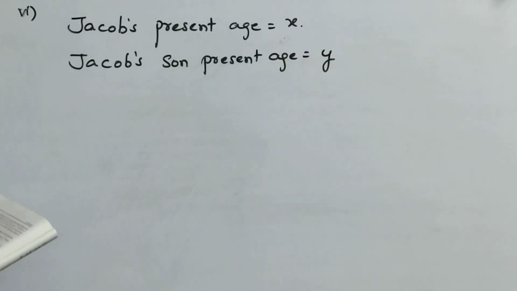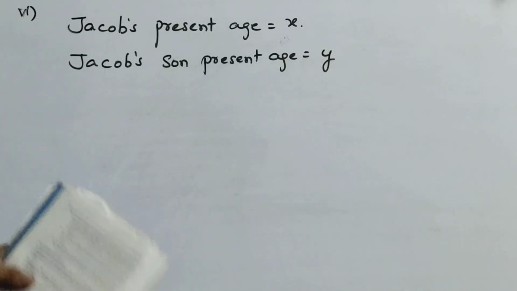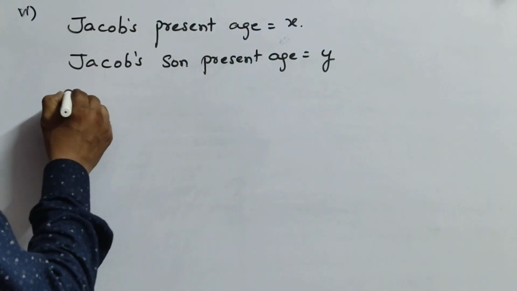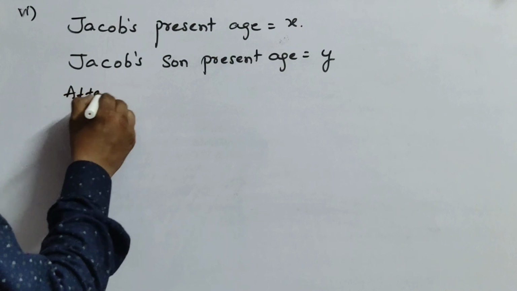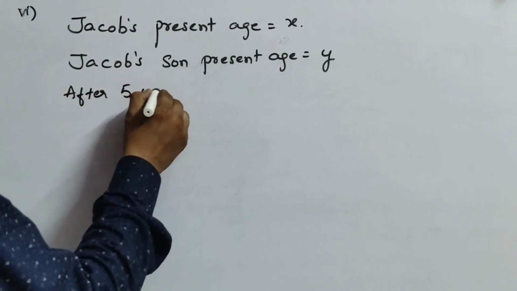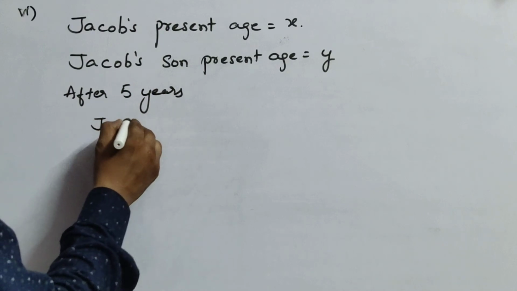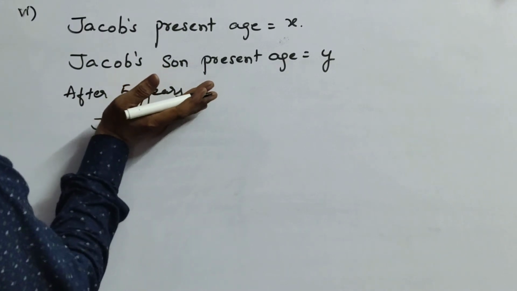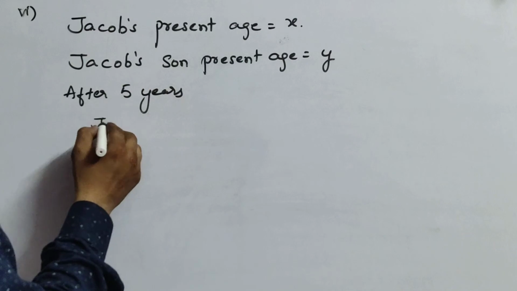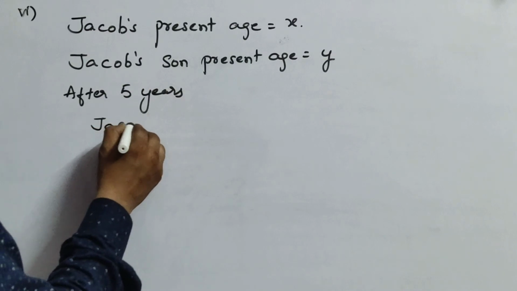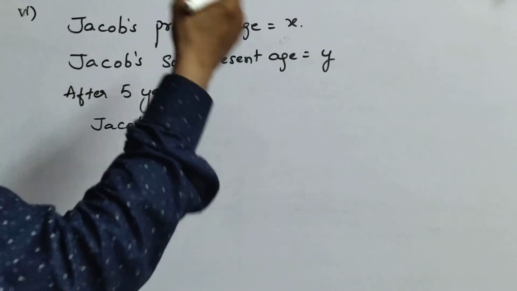Now coming to the question, 5 years hence. And hence means what? 5 years hence means 5 years after, that means after 5 years. Simply I am explaining here. After 5 years, Jacob's present age will change now.